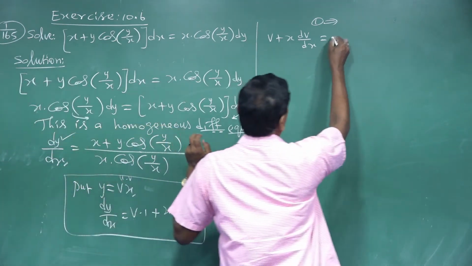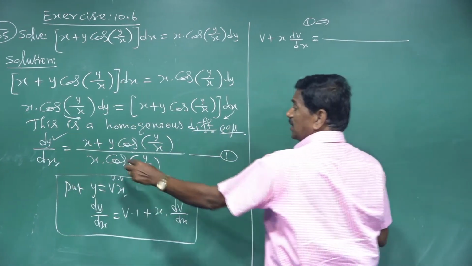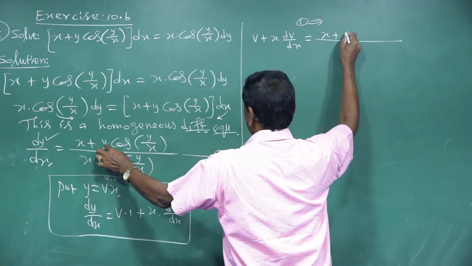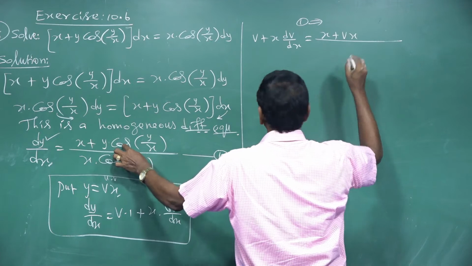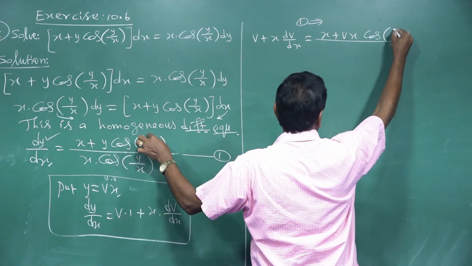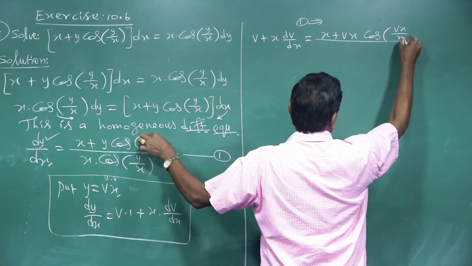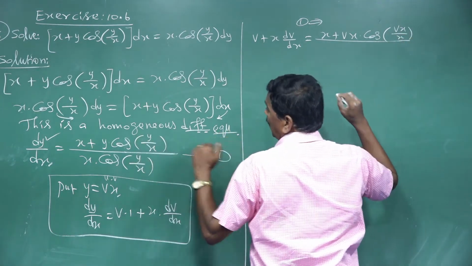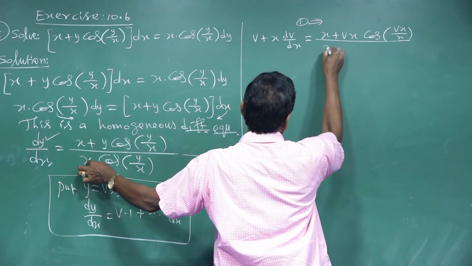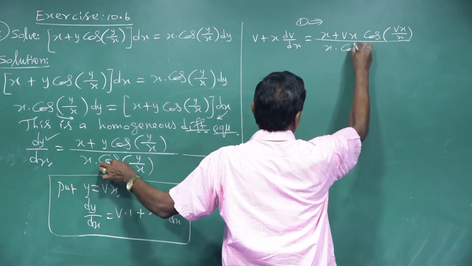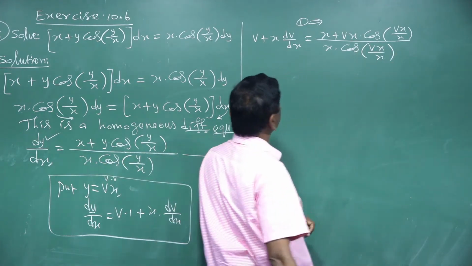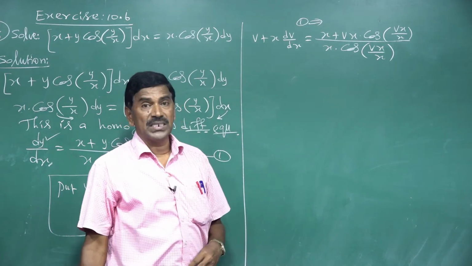For the numerator, first term x plus y, where y is equal to vx, into cos of y divided by x, which is vx by x, complete the bracket. Now the denominator: x into cos of y by x, which is vx by x, complete the bracket. Any simplification?